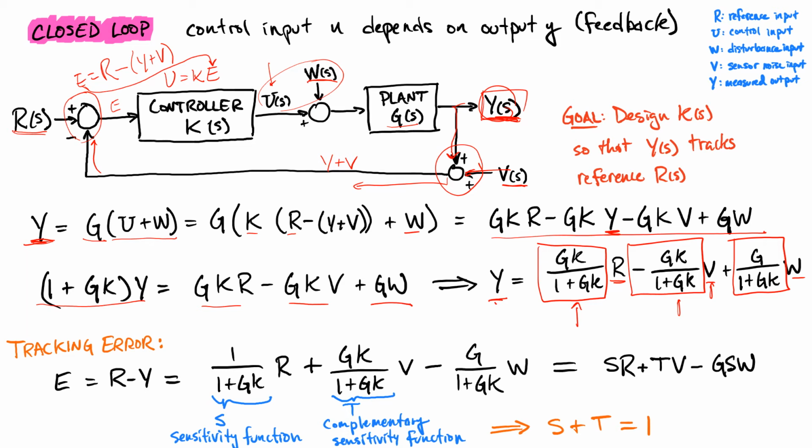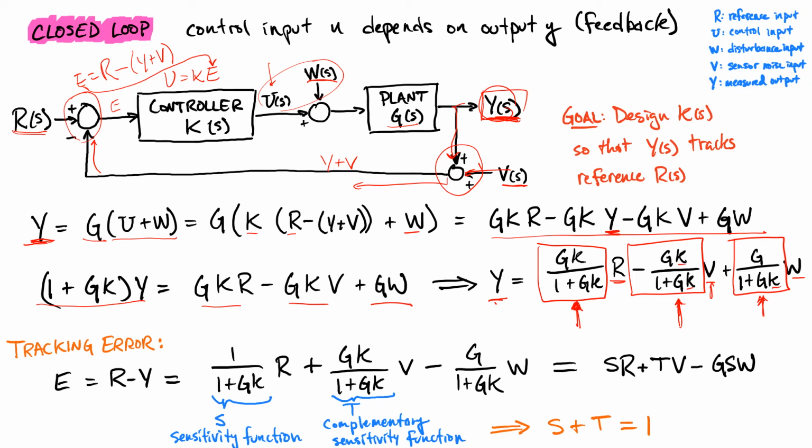Just as before, we're interested in making y track the reference. That means we would like this transfer function to be very, very close to 1, and we'd like these transfer functions to be very, very close to 0. What's interesting now, if you compare what we got in the open loop control case, is that these last two terms did not have anything to do with the controller K. But now you'll notice that the controller K appears in these transfer functions.